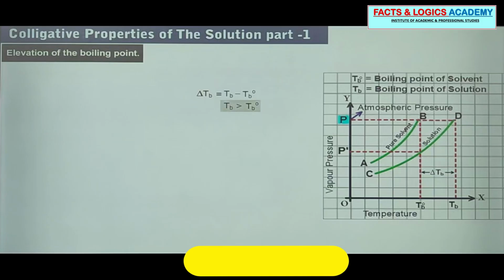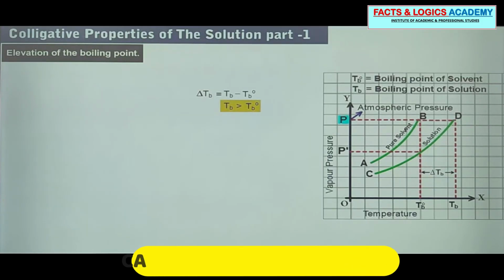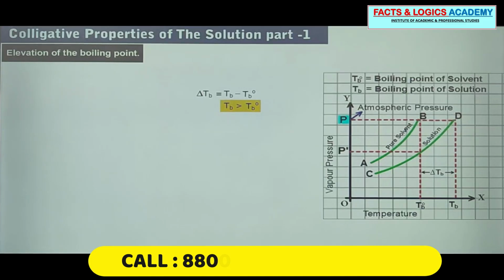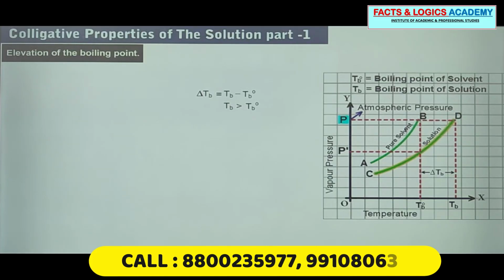Thus, it can be seen that the boiling point of a solution is greater than the boiling point of the pure solvent. In other words, the solution that has lower vapor pressure needs to be heated to a higher temperature for its vapor pressure to become equal to the external pressure, that is, its boiling point.